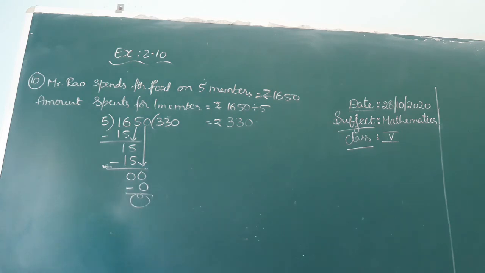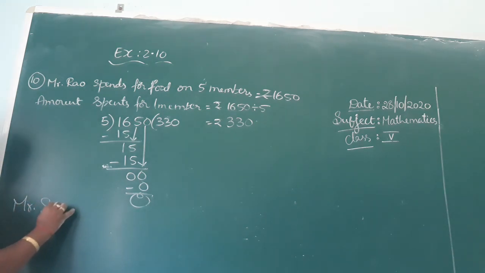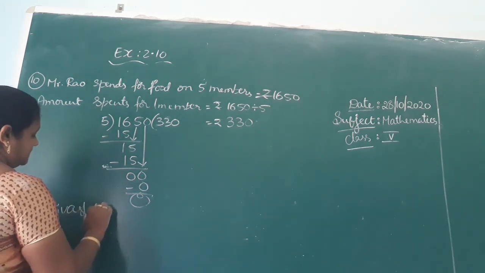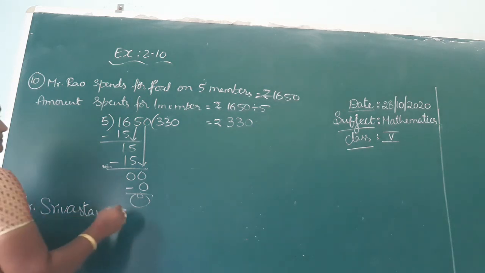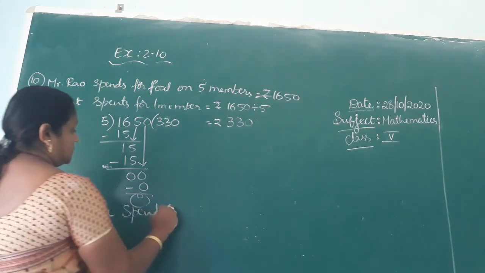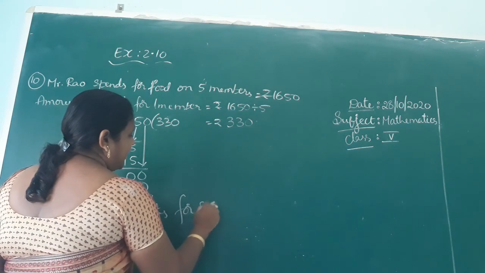But here the second person, by name Mr. Srivatsava, spends for food for 8 members. The same amount he will spend per person, for 8 members.